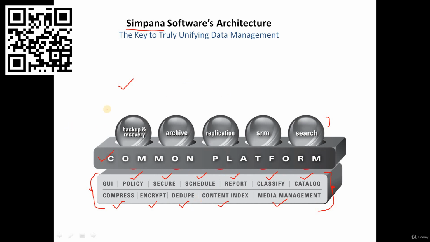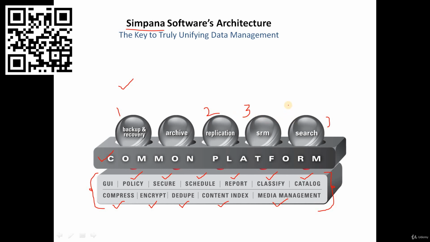Hence, it is very easy. A client can start with a backup and archiving module. Later on, when he wants to replicate the data, he can replicate the data. If he wants to do analysis of his data, he can use the SRM, which is a storage resource management feature.